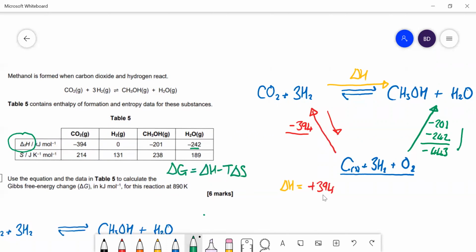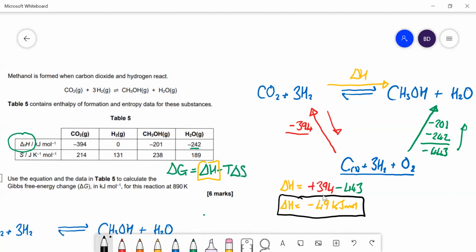And then we're following the green arrow, so we keep the same sign, 443. So delta H there we worked out is equal to minus 49 kilojoules per mole. Now we're going to use that later to put into our equation, so we're going to keep that.